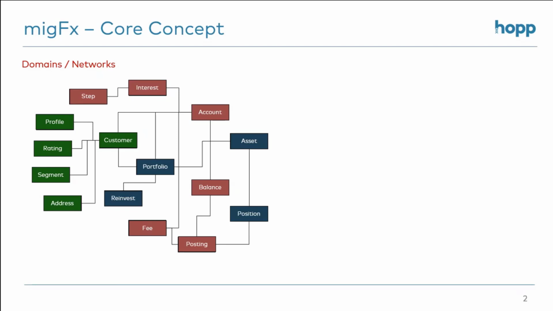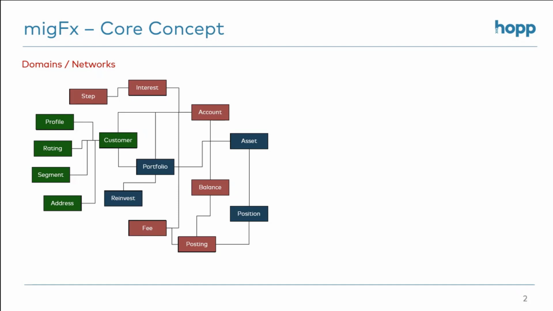In this sample, the green stuff is a customer and related stuff to the customer, whereas the red stuff is account related and the blue stuff is portfolio related. And of course, they also have interrelationships: a customer owns an account, is tied to a portfolio and so on. But they do naturally group themselves into domains or networks, you can call it.